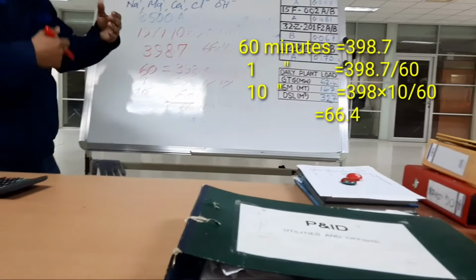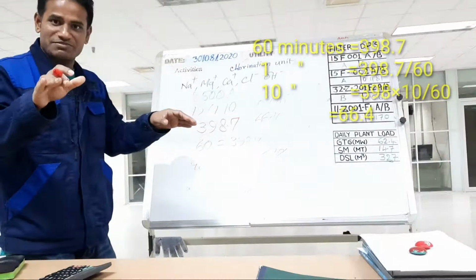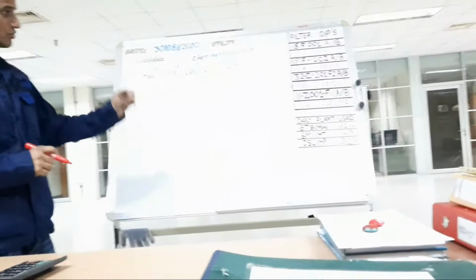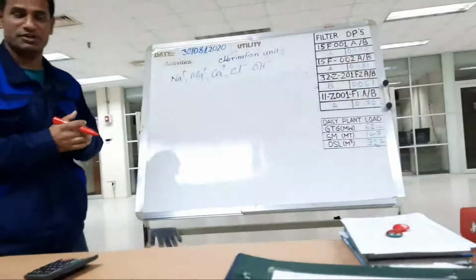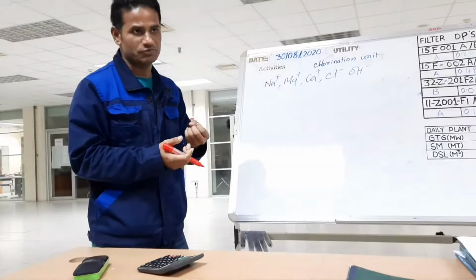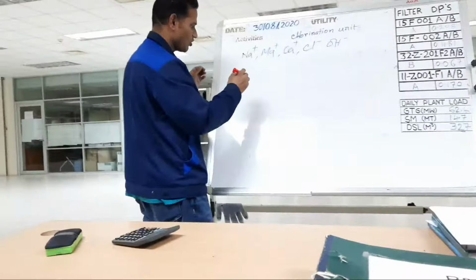So every 8 hours this shock dosing pump starts and runs around 10 minutes and discharges all the accumulated water. This chlorine production is mainly related to seawater flow. If more seawater flow, more chlorine is required. If less seawater flow, less chlorine is required. Continuous mode chlorine rate, how much? 2 ppm.